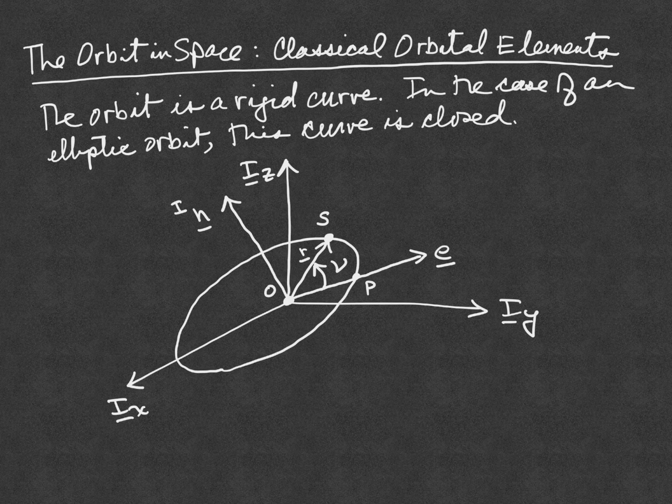So somehow we have to be able to get a description of this orbit in terms of quantities that make geometric sense. And these 6 quantities that we're going to use are what are called the classical orbital elements.